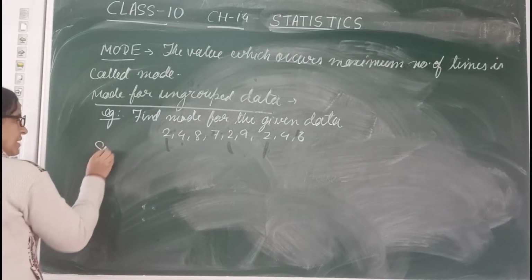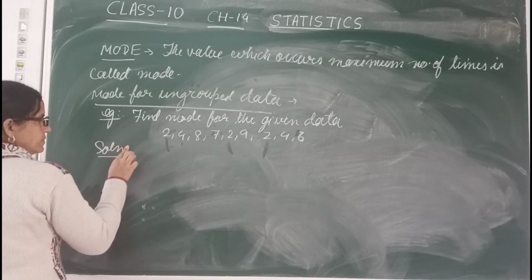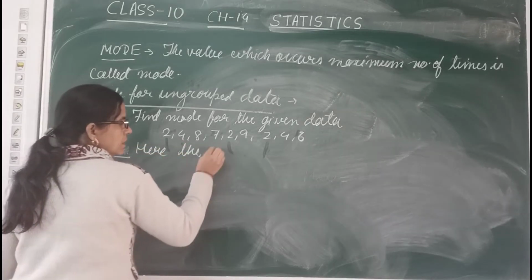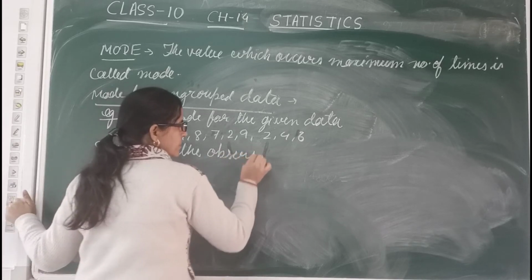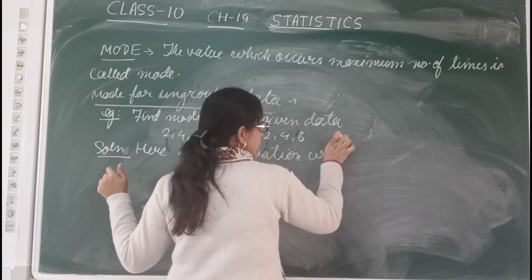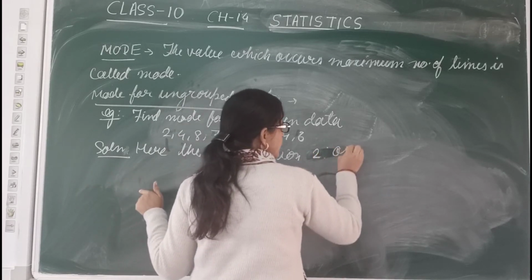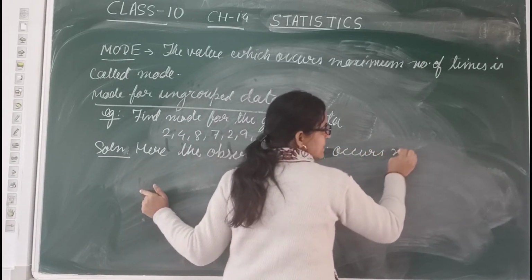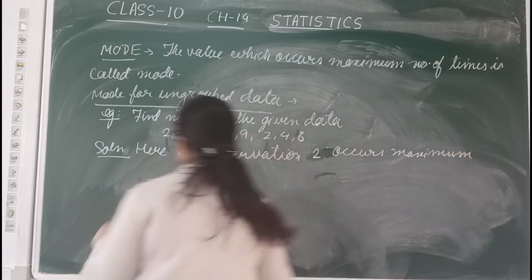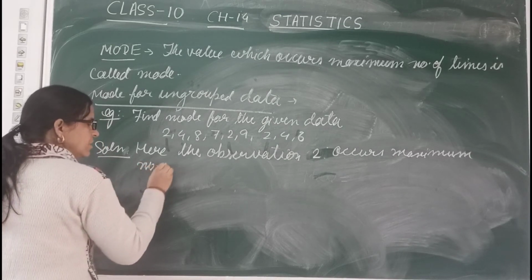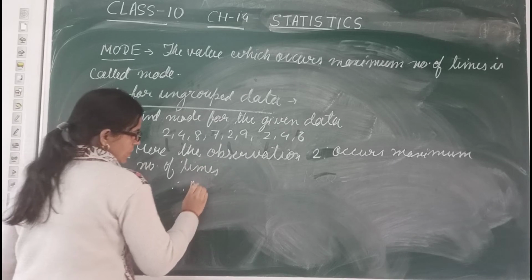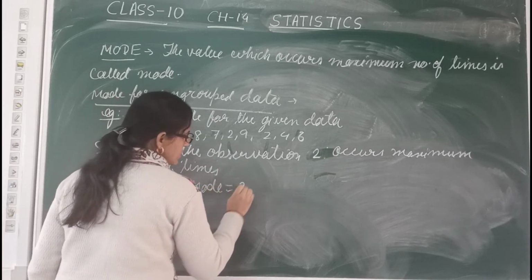So in the solution part we will write: the observation 2 occurs maximum number of times, therefore mode equals 2.